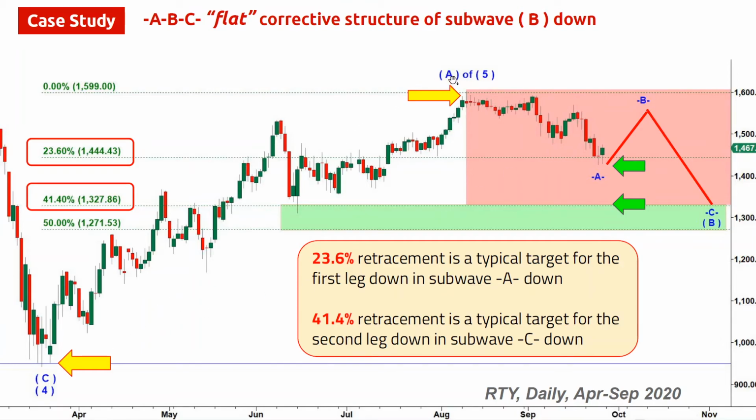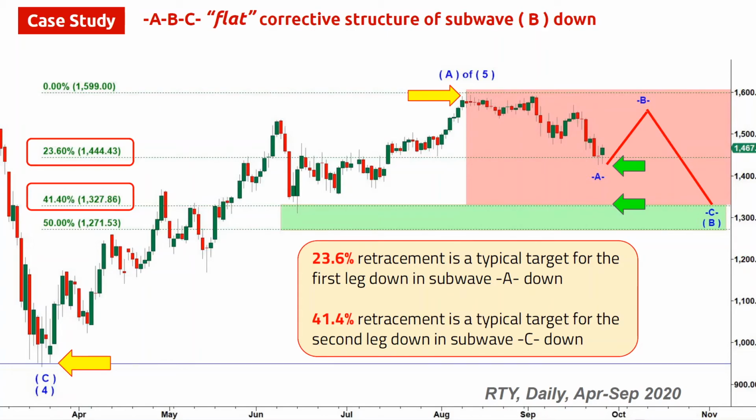That rally was followed by decline. As we've just seen, it had a clean ABC corrective structure, but it could only retrace 23.6%, which is the minimum required target. But again, in the majority of cases, this is where the first move down in subwave A, the first leg down, stops.